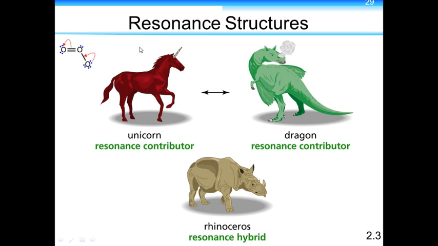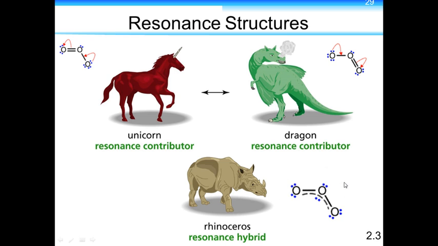So the unicorn would be like one of our ozone Lewis structures. This form of ozone doesn't really exist. When we look at ozone and measure the bonds, they're all identical. When we look at the strength of the bonds, they're all identical. So this form of ozone doesn't exist either. What does exist is this hybrid between the two, with those electrons spread out between the oxygen atoms.